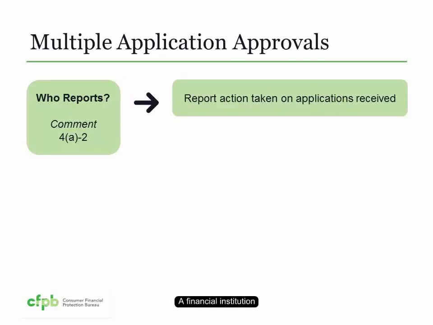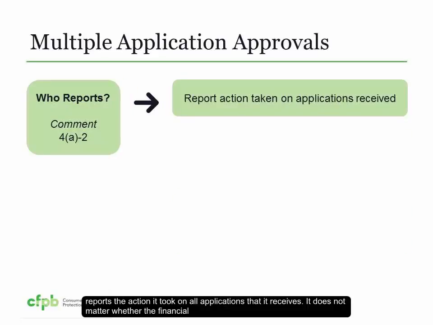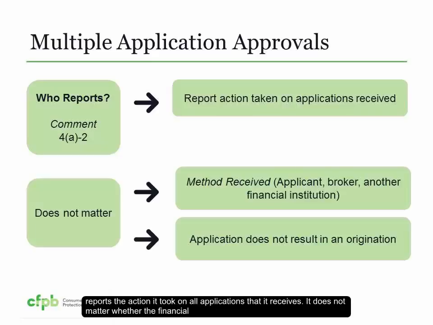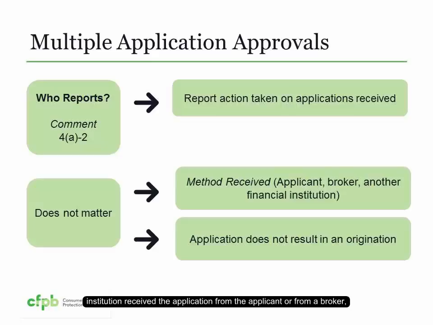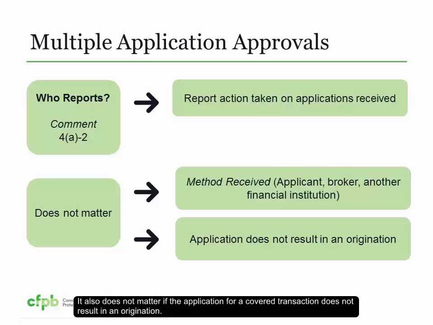A financial institution reports the action it took on all applications that it receives. It does not matter whether the financial institution received the application from the applicant or from a broker or another financial institution. It also does not matter if the application for a covered transaction does not result in an origination.